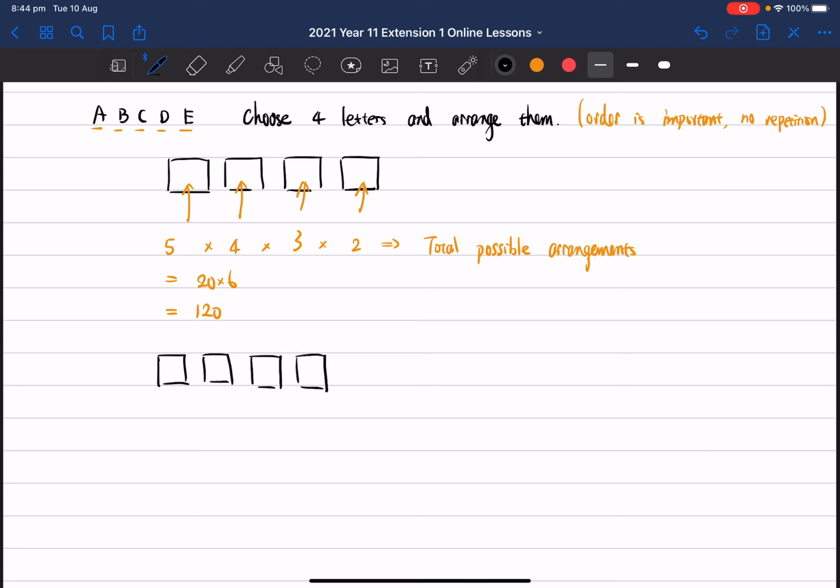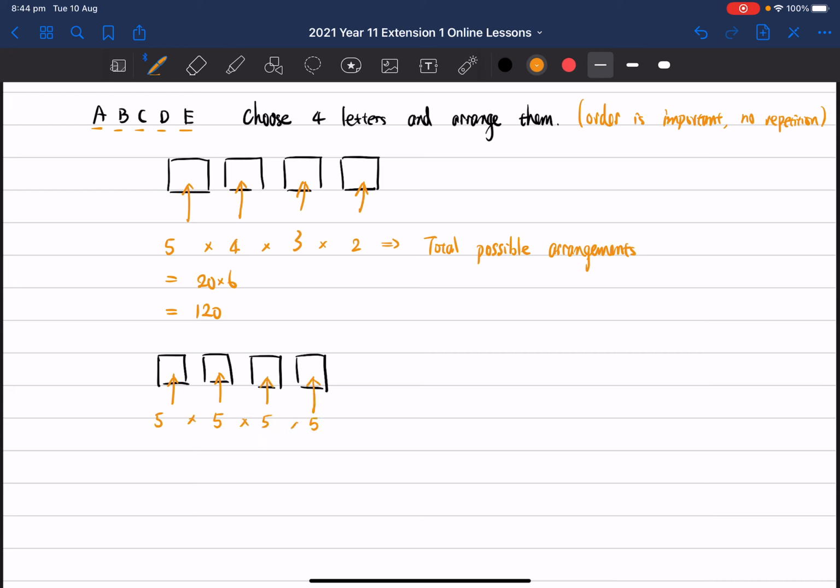Now this time, if order is important and also repetition is allowed, then for the first box, you can have 5 different possible ways of choosing the letters: A or B or C or D or E. And since repetition is allowed, once you have chosen the A, you can choose the A one more time. So we still have 5 different possible ways for the remaining boxes.